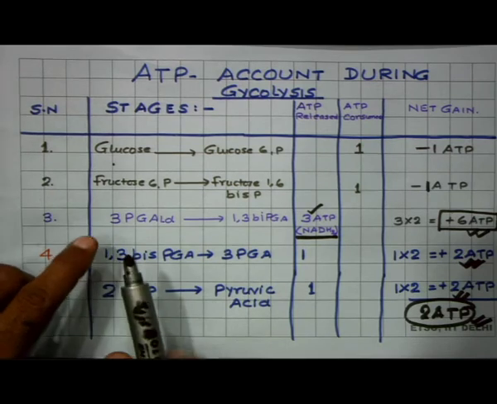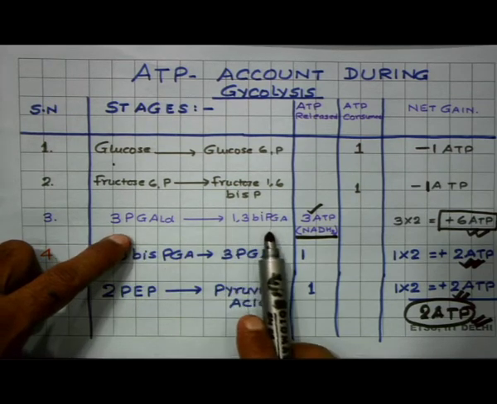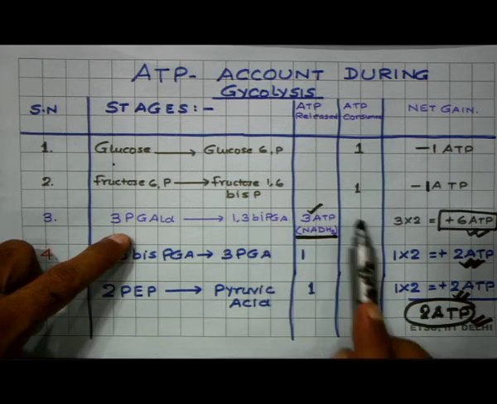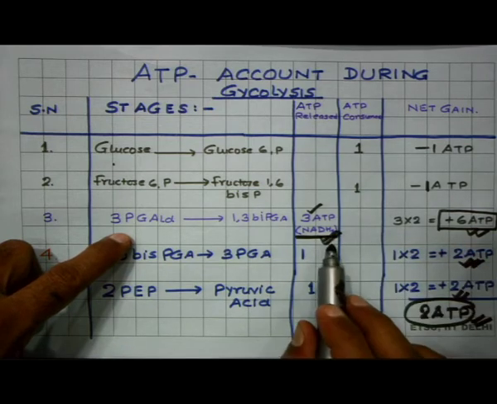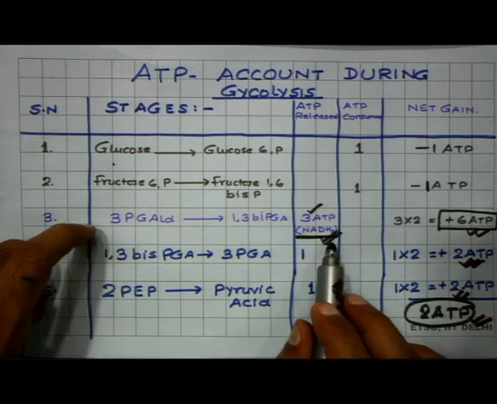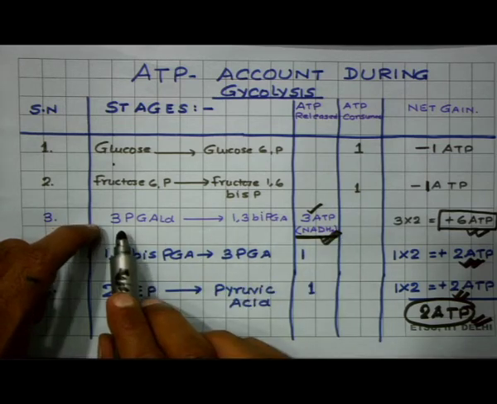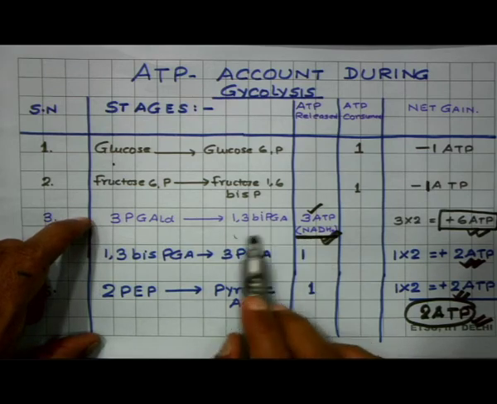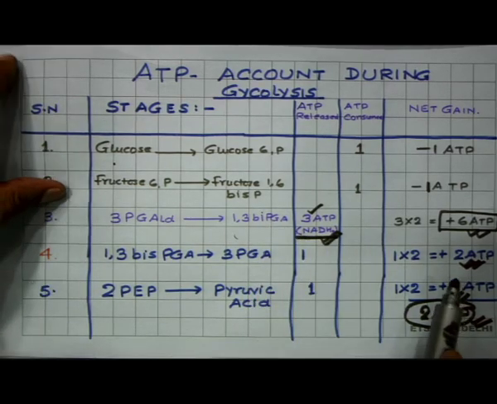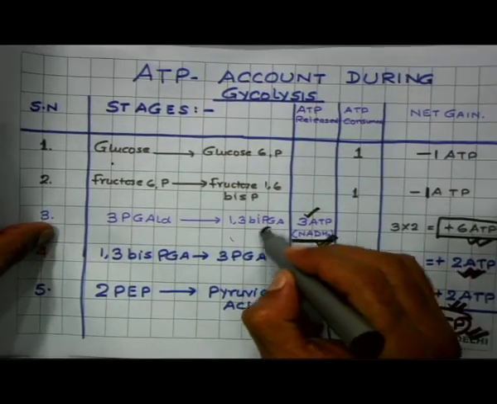At the time of conversion of 3 phosphoglyceraldehyde to 1,3 bisphosphoglyceric acid, 1 NADH2 is formed. So, the first NADH2 in glycolysis is formed at the time of conversion of phosphoglyceraldehyde into 1,3 diphosphoglyceric acid.